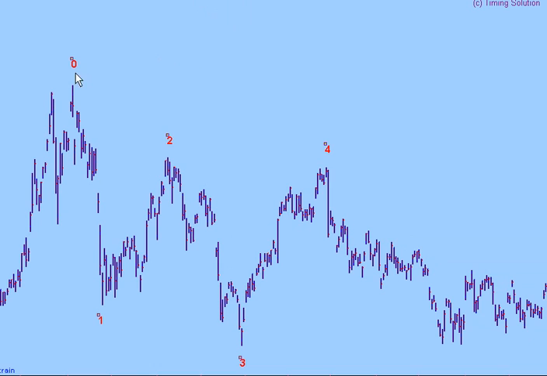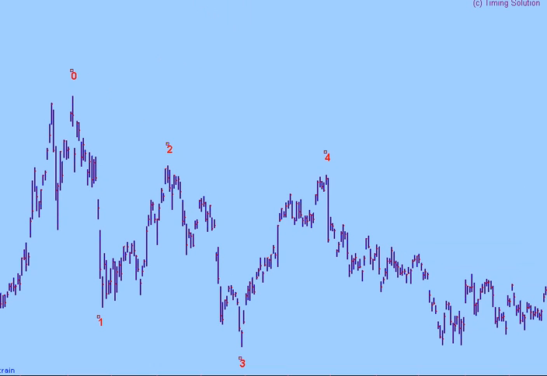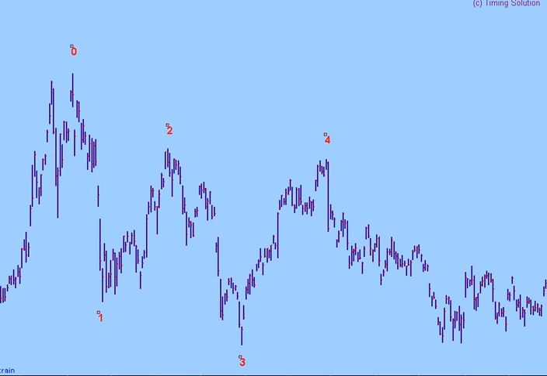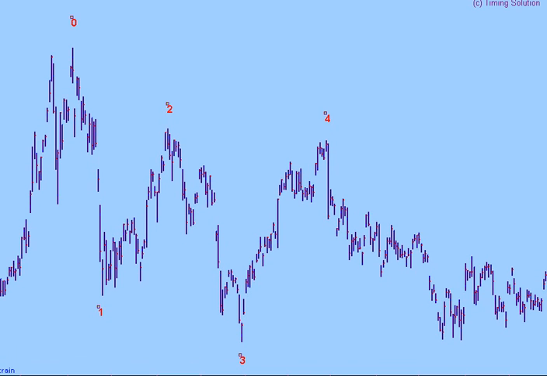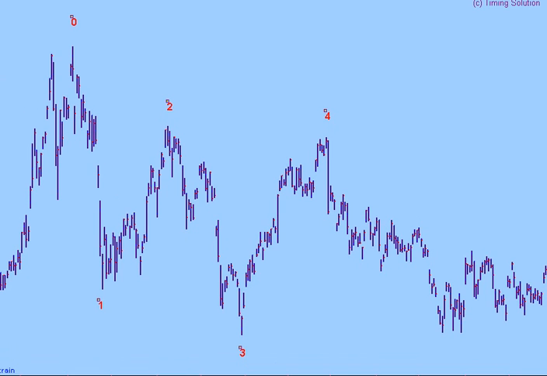We're probably going to have to rescale our chart again, but we can do that. And you draw a triangle between 2, 3, and 4. Yeah, right there.